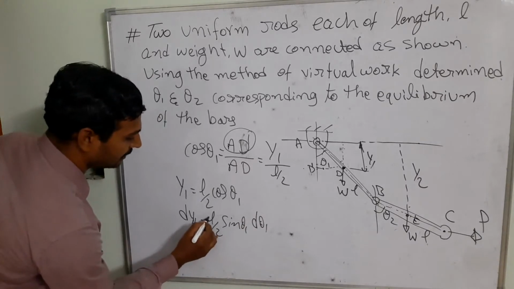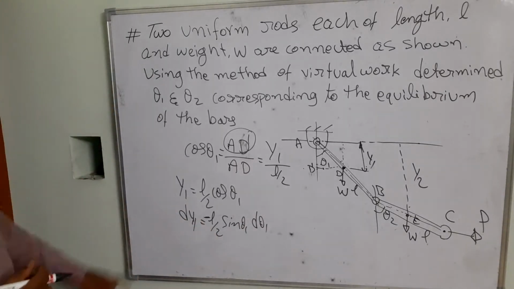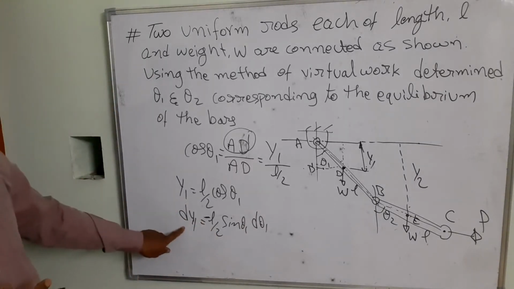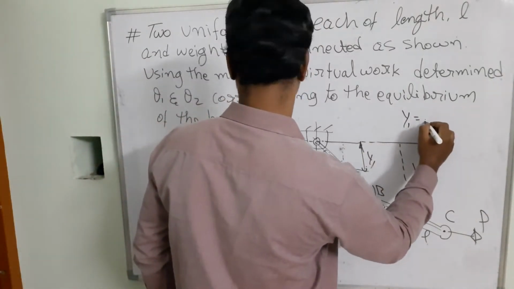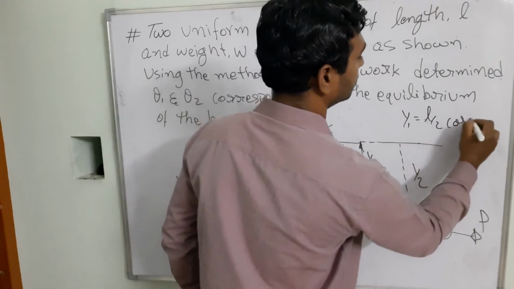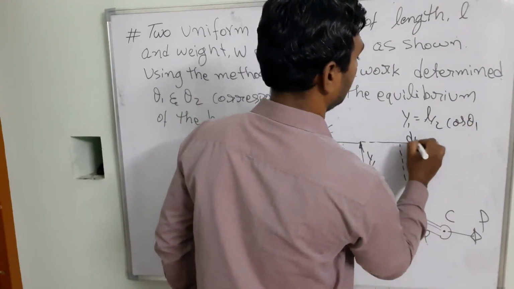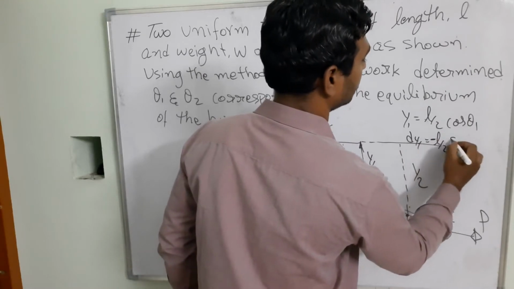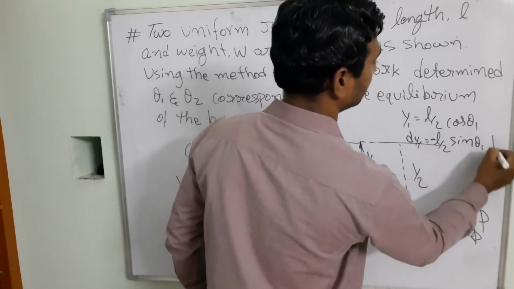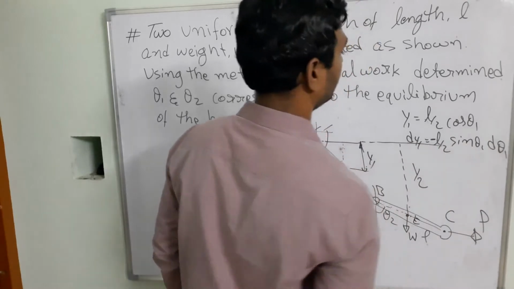So y1 is L by 2 cos theta 1, and dy1 is minus L by 2 sin theta 1 d theta 1.